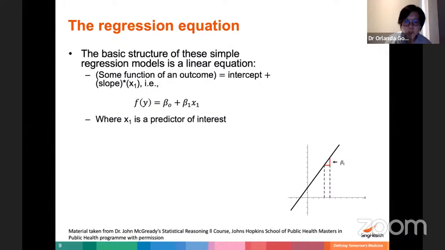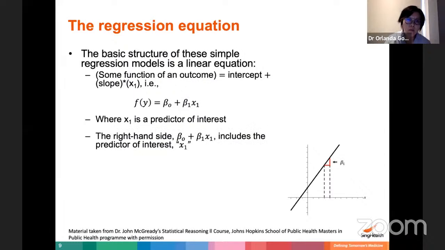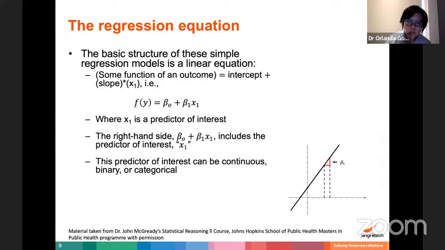So x1 is our predictor of interest, basically the exposure, and the outcome is the variable that we might want to change. The right-hand side, B0 plus B1 times x1, includes the predictor of interest x1. The predictor of interest can be continuous, binary, or categorical, as I alluded to earlier.